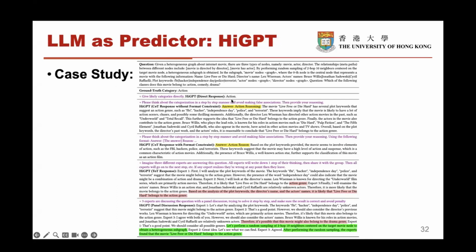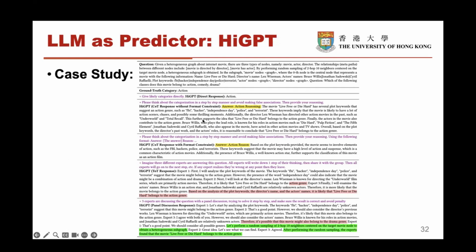Yeah, thank you. So I think the main focus of HiGPT is to output reasonable recommendation results, to get more valuable or more diverse answers.